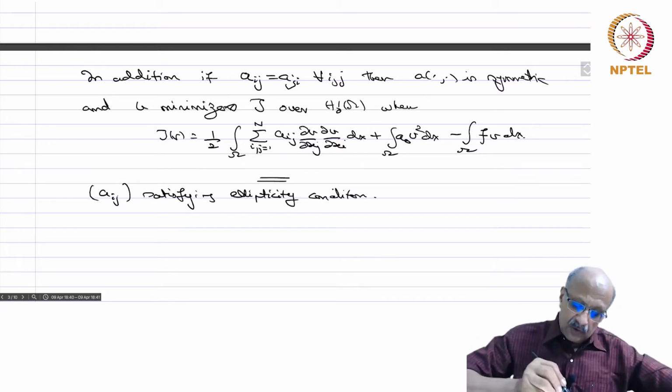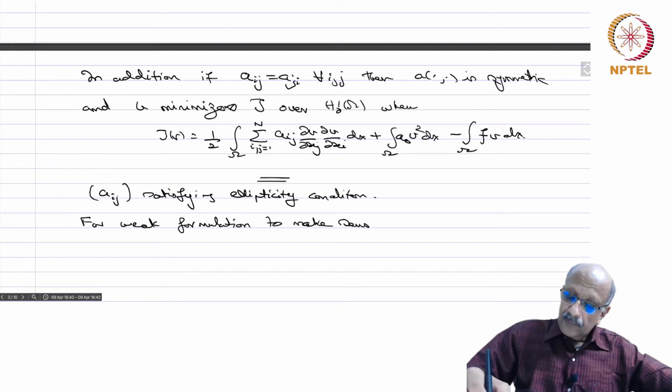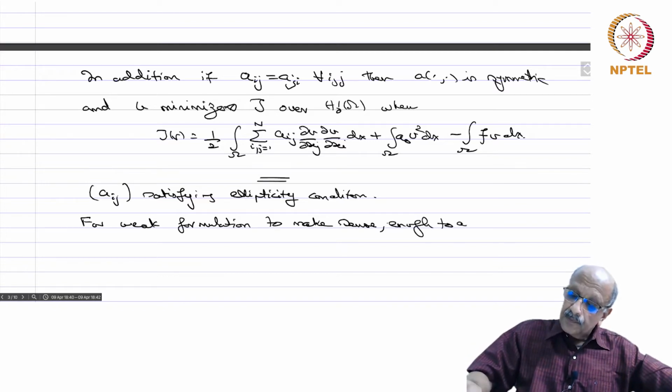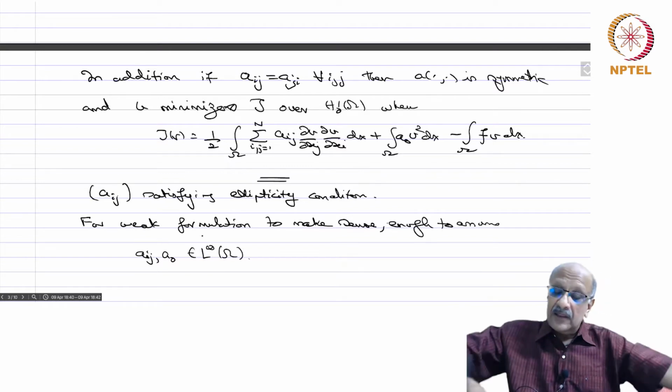Okay, so I also want to show that for the weak formulation to make sense, it is enough to assume Aij, A naught are all in L infinity of omega. That's enough to make the integrals meaningful.